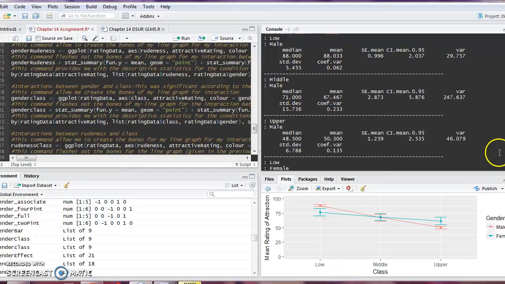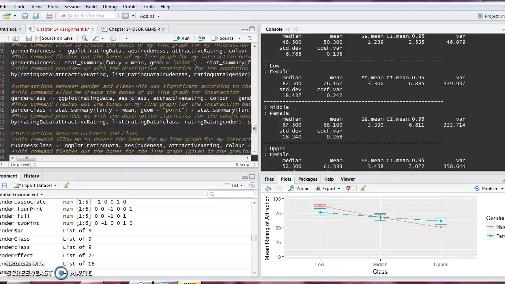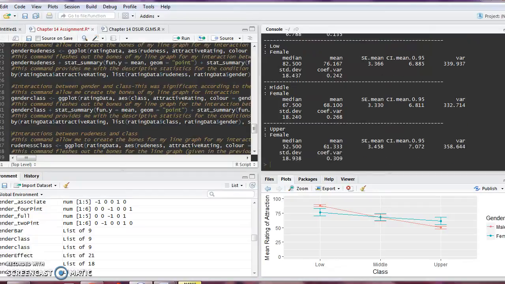So it appears that as the levels of social class increase, the attractiveness ratings actually decrease. So it's possible that there is a trend here. And then there is a trend here because obviously the test told us so.